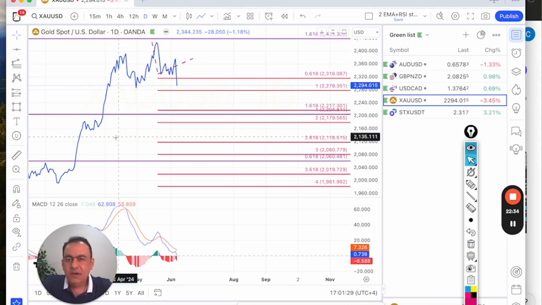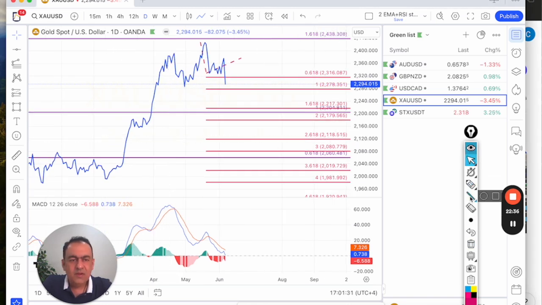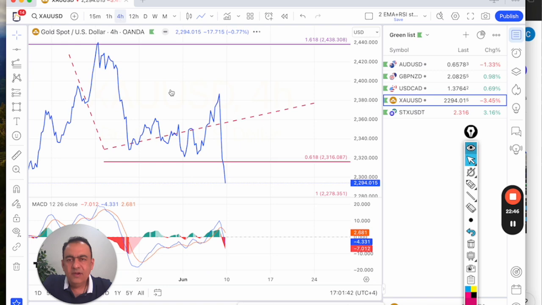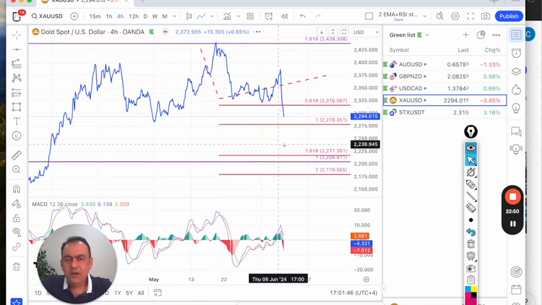And daily chart is definitely looking bearish without any signs of slowdown in the bearish pattern. MACD is bearish, no bullish divergence in sight. Moving to 4H. Now the 4 hourly chart is also 100% bearish.